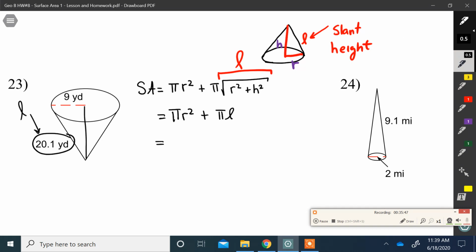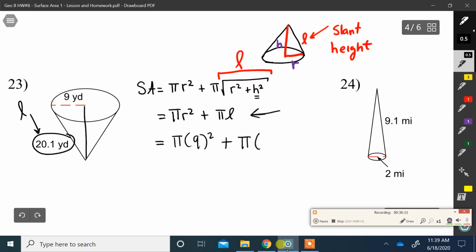That's why if you don't have this, you gotta use that right there, okay? Okay, so pi, and on number 24, you're also gonna be using this formula right here instead. So pi 9 squared plus pi 20.1.